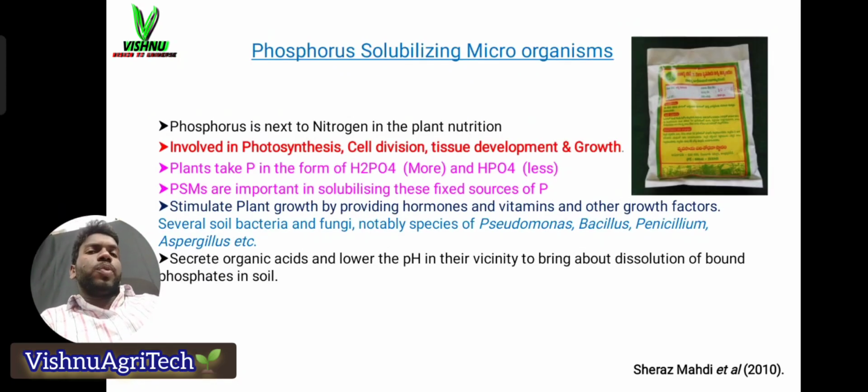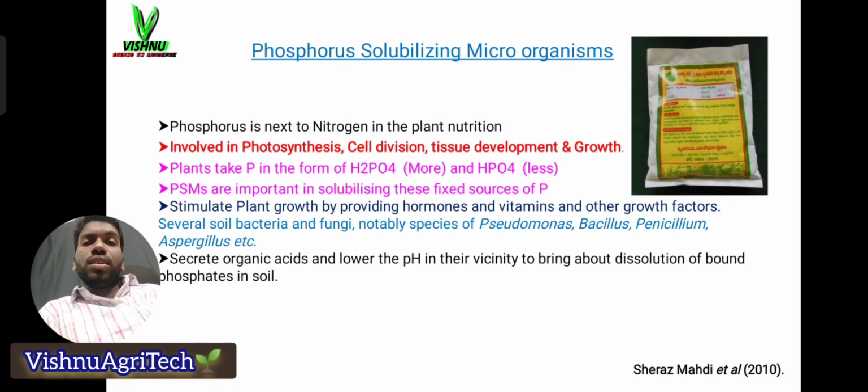Next, phosphorus solubilizing microorganisms. Phosphorus is next to nitrogen in plant nutrition, involved in photosynthesis, cell division, tissue development and also growth. Plants take up P in the form of H2PO4 more and HPO4 less.